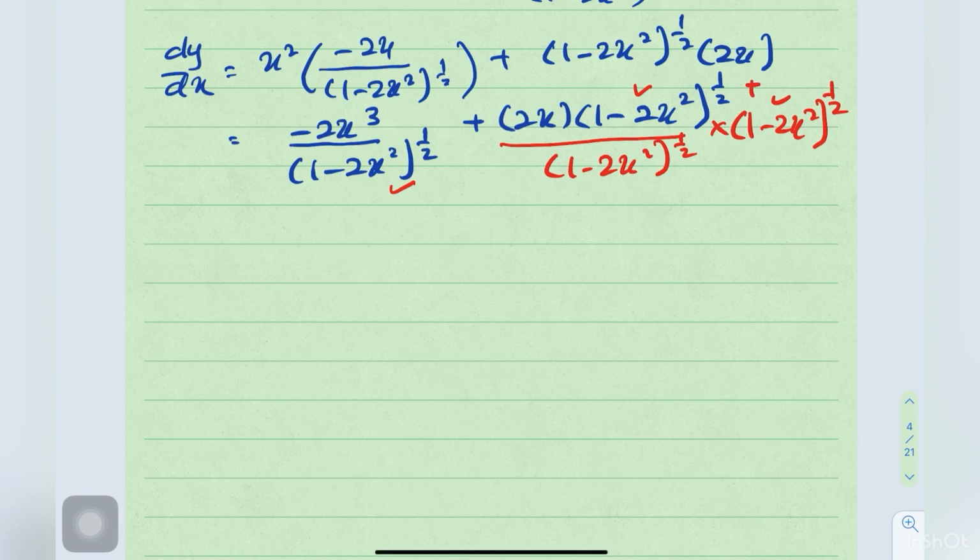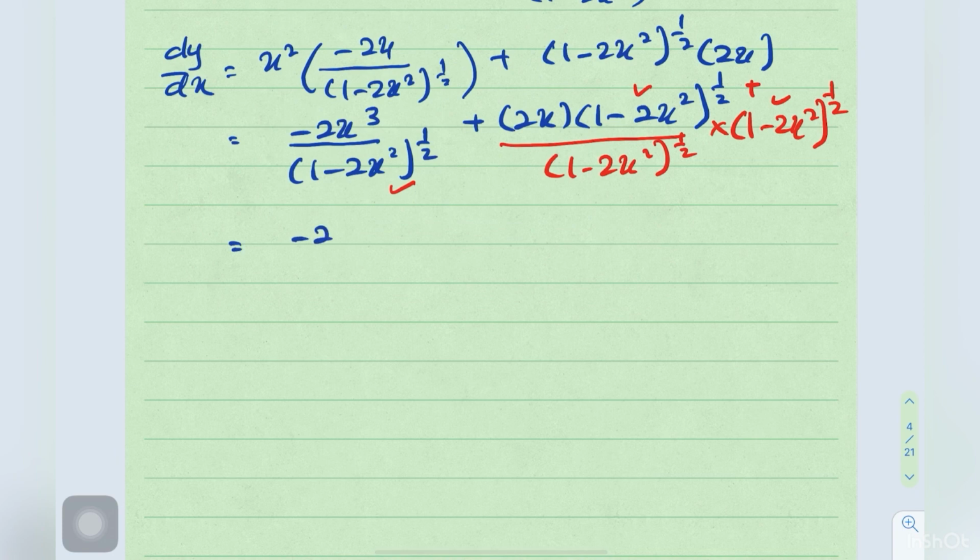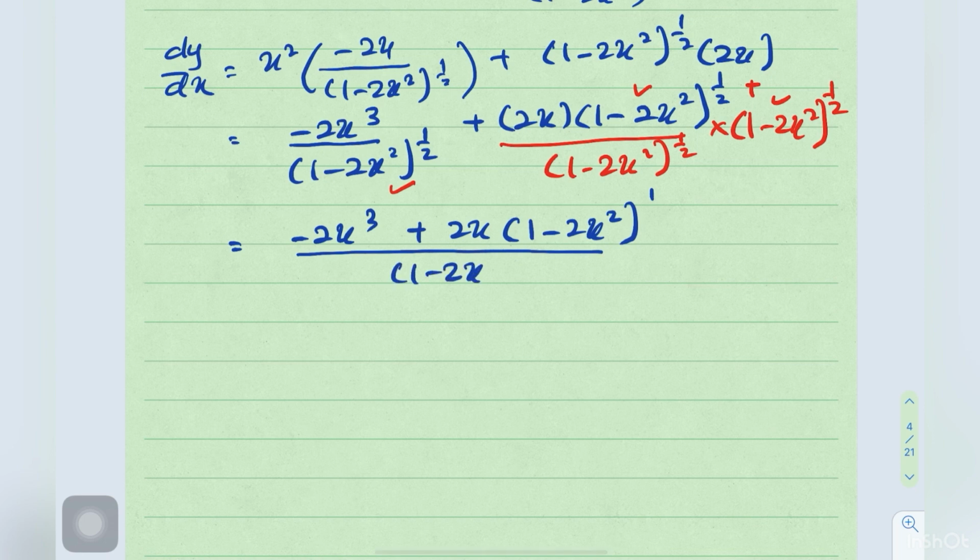Here we have negative 2x cubed plus 2x(1 minus 2x squared), 1/2 plus 1/2 is 1. Okay, the denominators are the same: (1 minus 2x squared) to the power of 1/2.